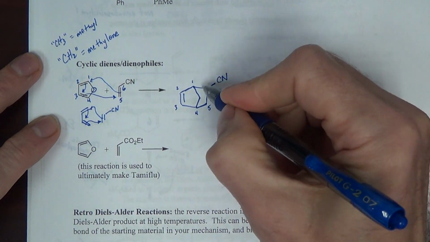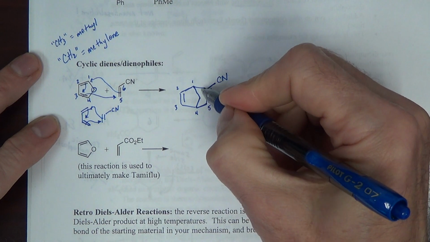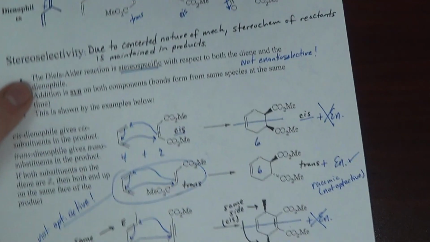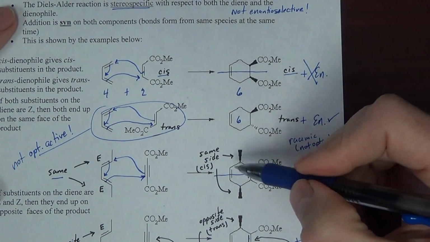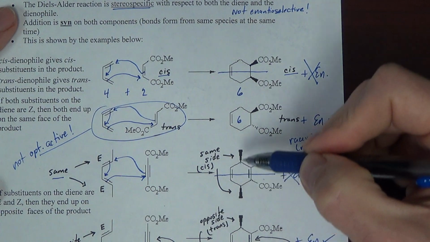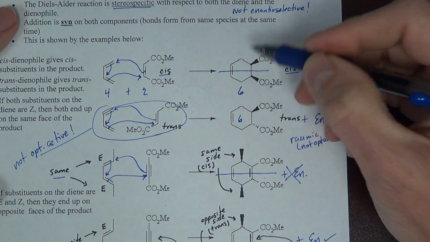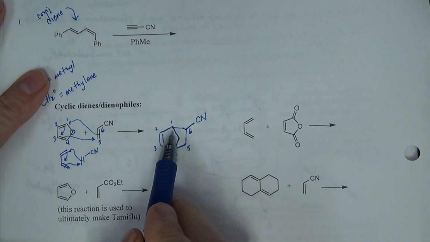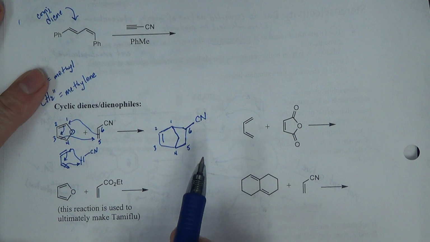Now, there is some stereochemistry here, but it's nothing that we discussed. We only discussed things that were on the 1 and 4 carbons, or the 5 and 6, either these two or those two. We did not discuss 1 compared to 6.